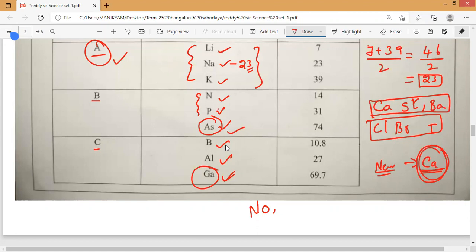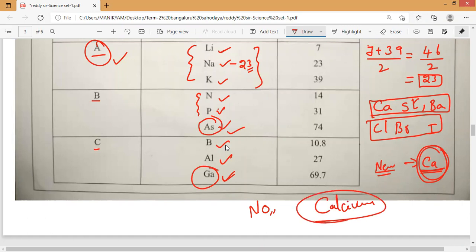Yes. So that is the reason you have to write no. Newland's law of octave is not applicable to all the three categories, because Newland's law was applicable only up to where? Up to where, guys? It is applicable up to calcium. That is what you have to write.